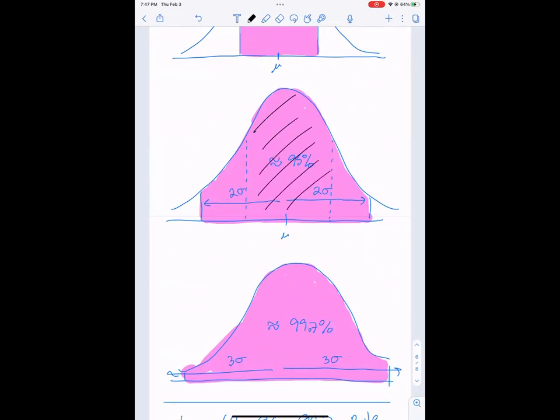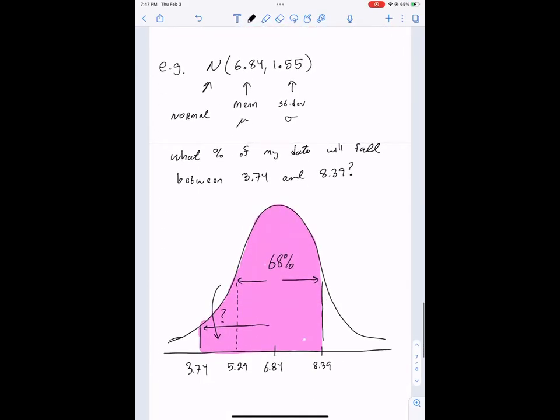It's 27%. 13.5% for this part and 13.5% for that part. Which means we take the 68% and add 13.5%, and that gives us a total shaded area of 81.5%.